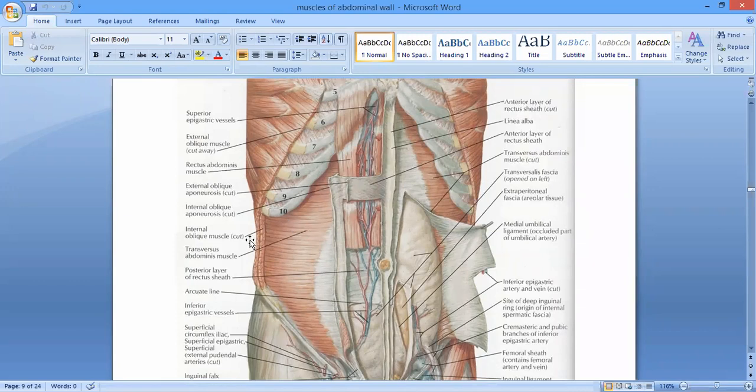Secondly, it is coming from the thoracolumbar fascia, and then from the inner lip of the iliac crest, and then the lateral 1/3 of the inguinal ligament.